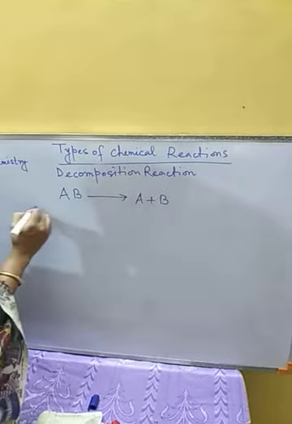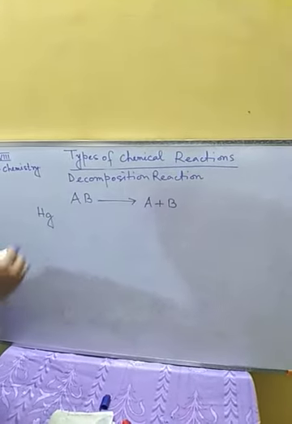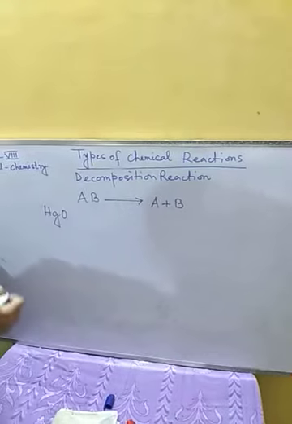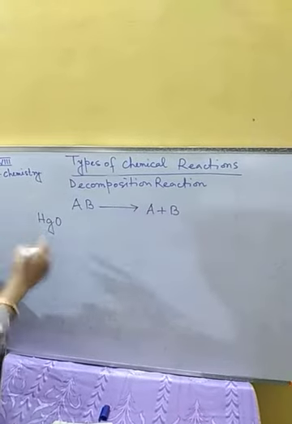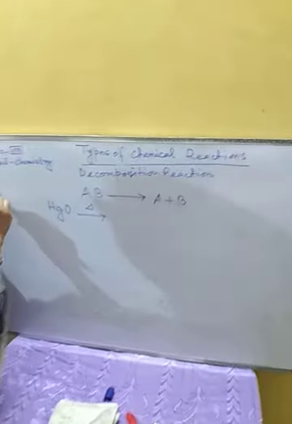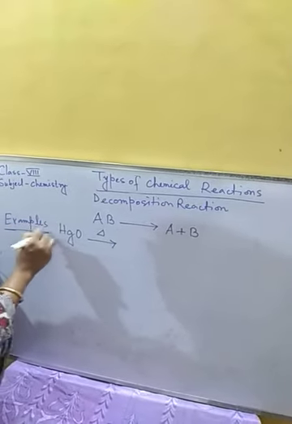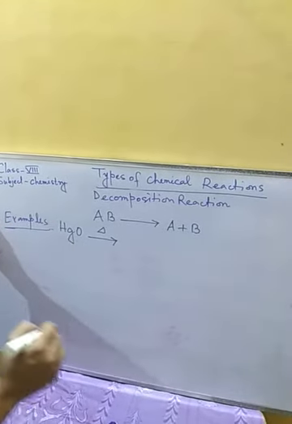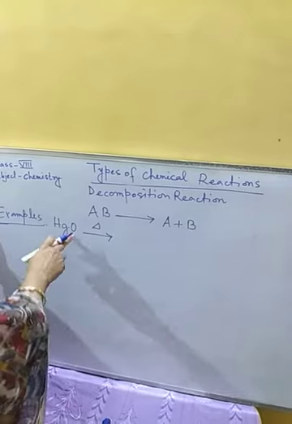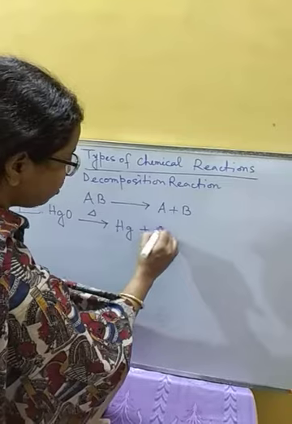An example of this kind of decomposition reaction is mercuric oxide, HgO. If we heat this, we are going to get mercury and oxygen.